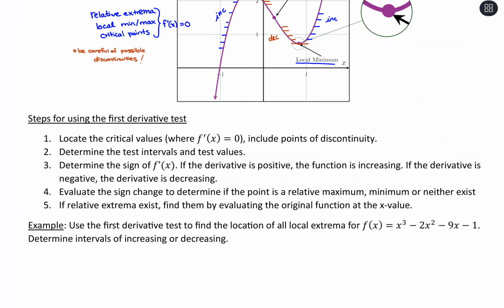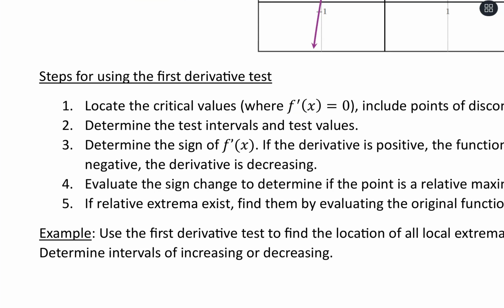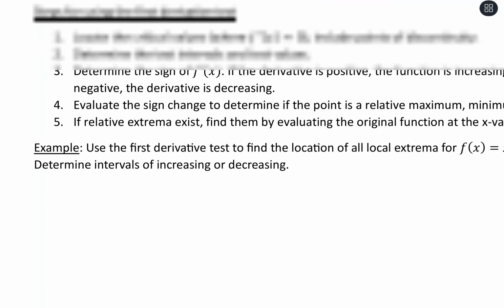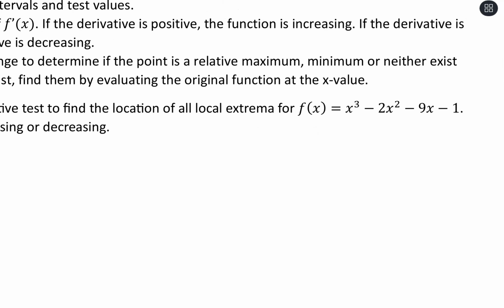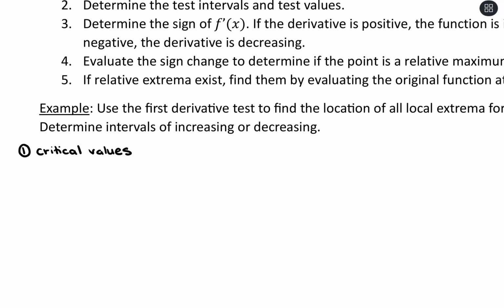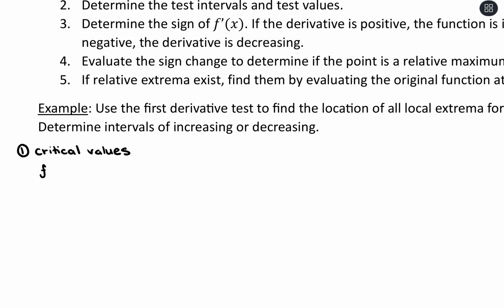So these are our steps for the first derivative test, and I'm going to walk you through an example too. But first thing, find our critical values. In fact, let's just go through this step by step. First step, critical points. Or even let's just do the x coordinates, that's really what we need. We don't need the y coordinates yet. So we're going to take the first derivative of our function.